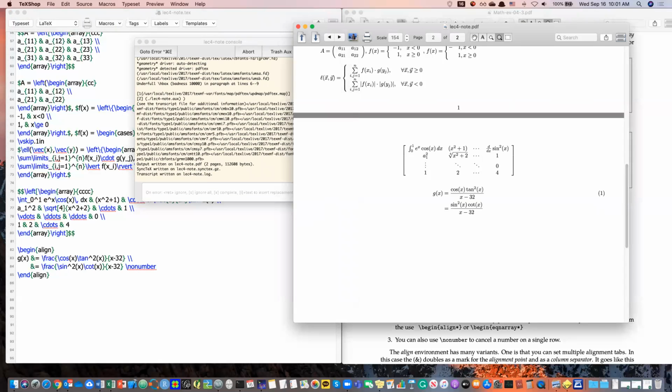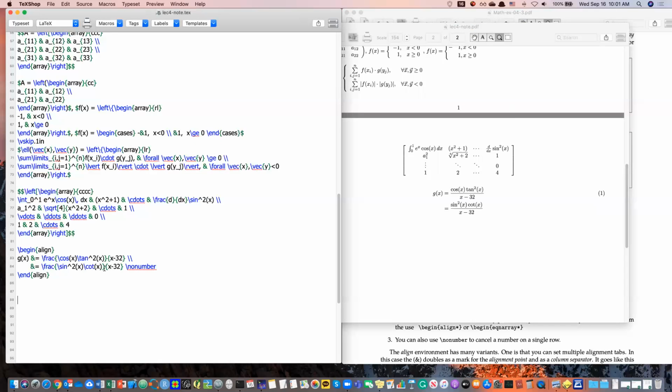So here's a question: I want to refer to equation number one. Okay, how can you do that? We put the label. Let's say EQN 1, for example, label.